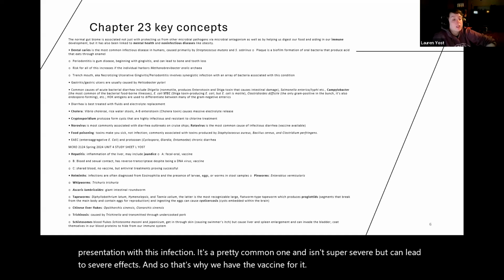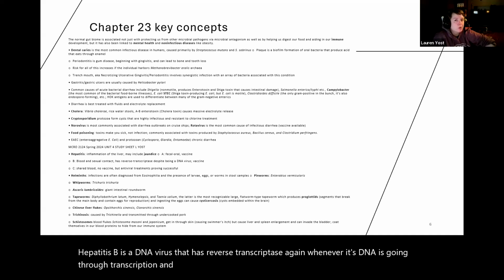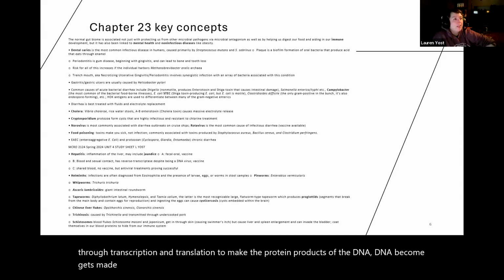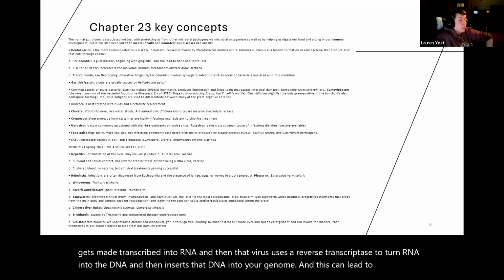Hepatitis B is a DNA virus that has reverse transcriptase. Normally DNA gets transcribed into RNA to make the protein products, but this virus uses a reverse transcriptase to turn the RNA back into DNA, and then inserts that DNA into your genome, and this can lead to cancer in the liver.